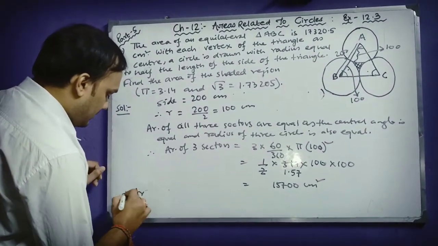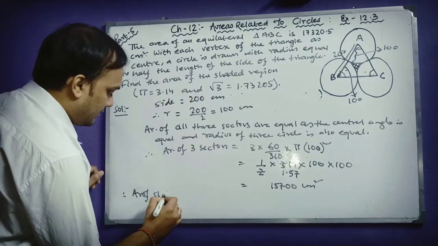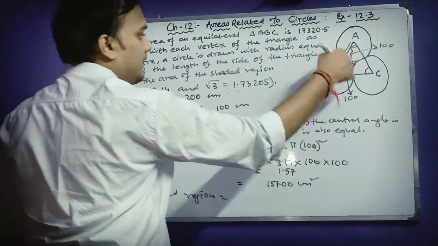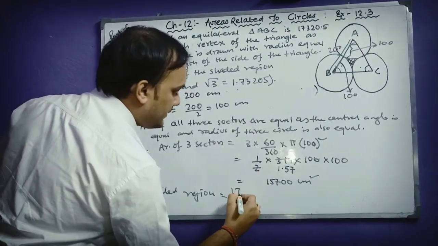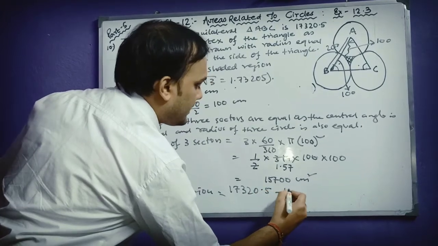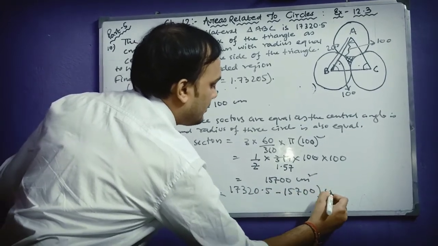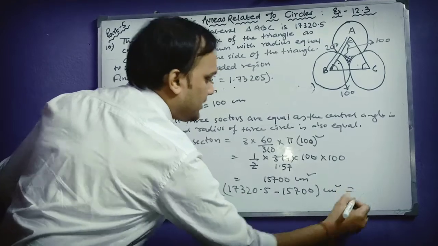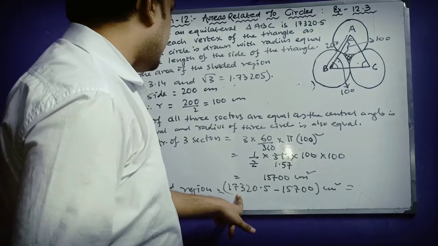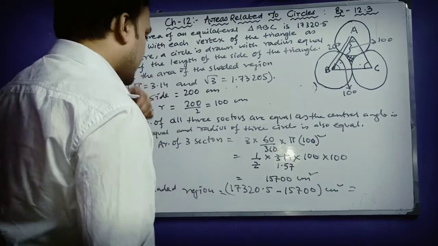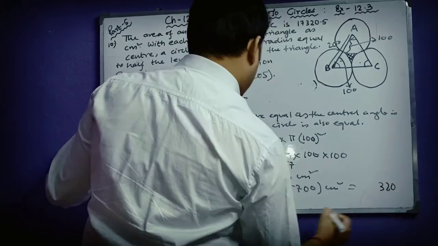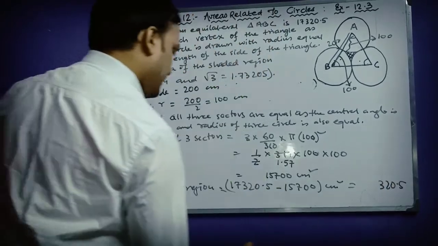So the area of the shaded region will be equal to the area of this triangle, that is 17320.5 minus 15700 centimeter square, and that will be equal to 17,320 minus 15,700. That is equal to 320.5 here.